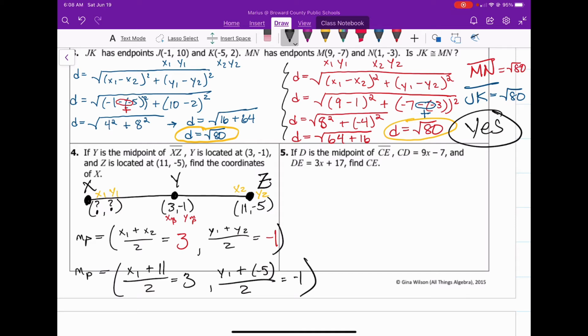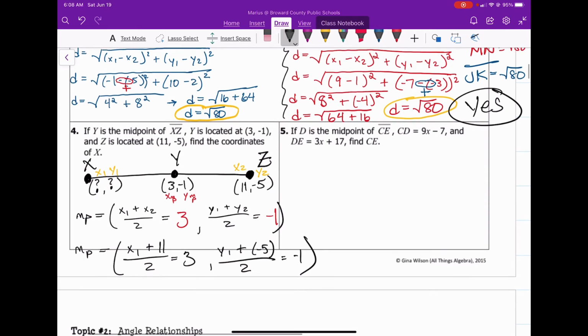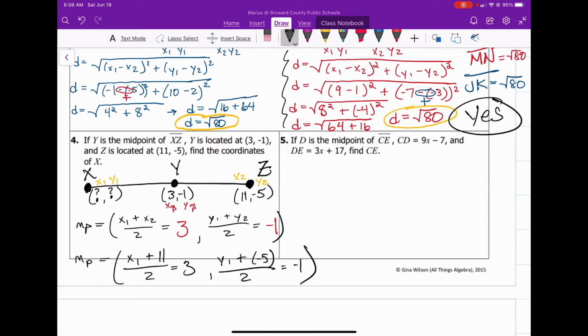Now, all we need to do from here is solve these equations, and we'll come up with our missing coordinates. So the equations we're really solving are (x plus 11) divided by 2 equals 3, and then the other equation is (y plus negative 5) divided by 2 equals negative 1.